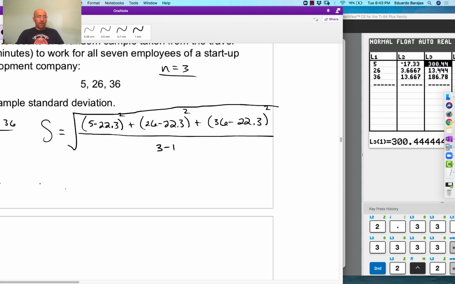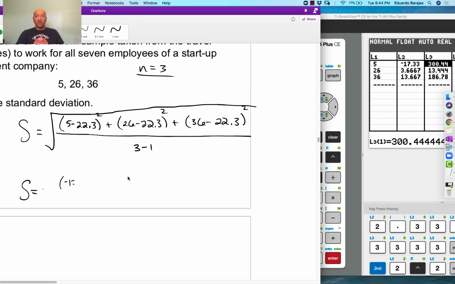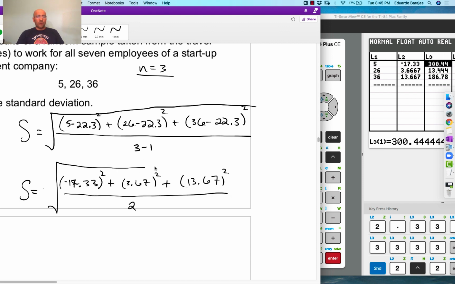This is saying that my s, my sample standard deviation, is now equal to, let's just stick to 2 decimal places as far as my writing goes, negative 17.33 squared plus 3.67 squared plus about 13.67 squared, and then the whole thing gets divided by 2, which is 3 minus 1, and then we take the square root of the whole thing.